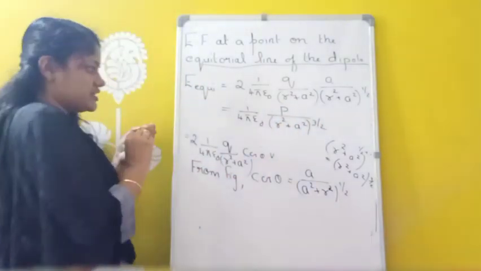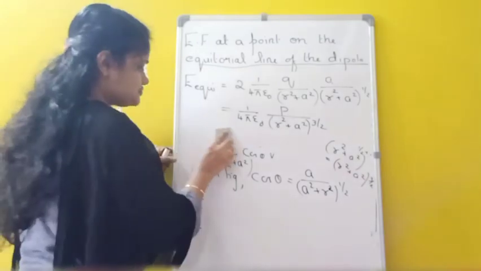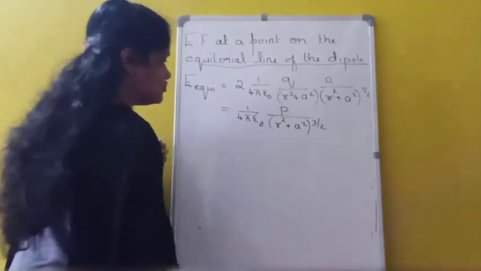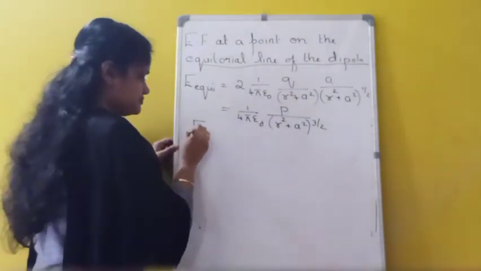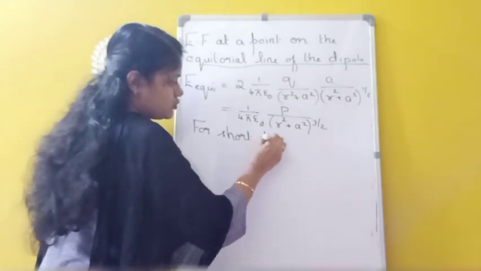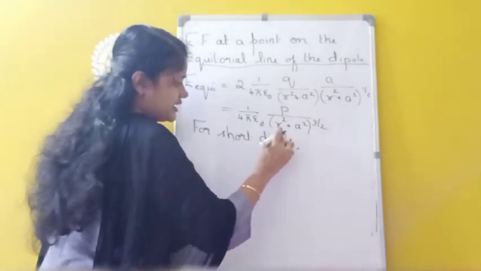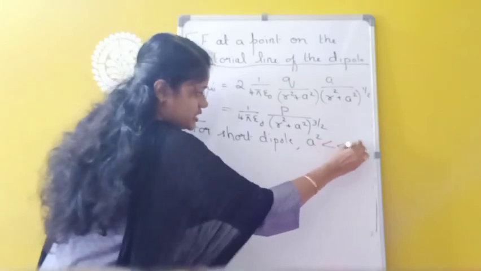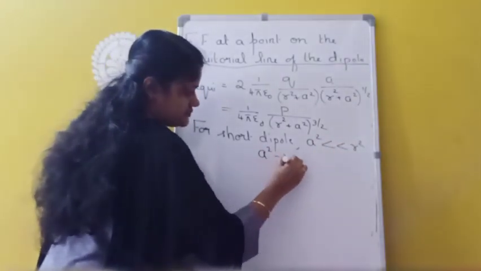Now if we consider a very short dipole, for a short dipole, what can we write? This A is very small, that means A square is very much less than R square. So A square can be neglected.